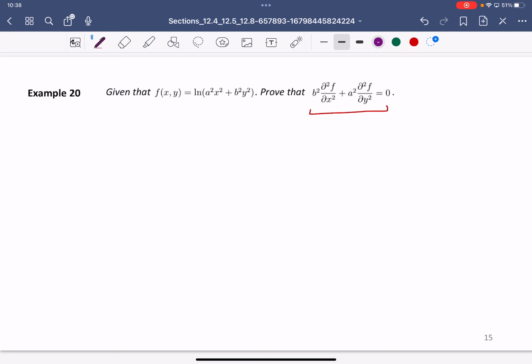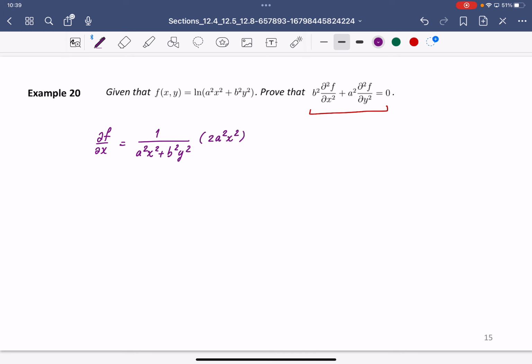So we're gonna have f differentiated with respect to x first. Differentiate that one, so you get 1 over a squared x squared plus b squared y squared here. And then now you differentiate one more time. Before that, you have to use the chain rule, right? So inside here, you get 2a squared x.